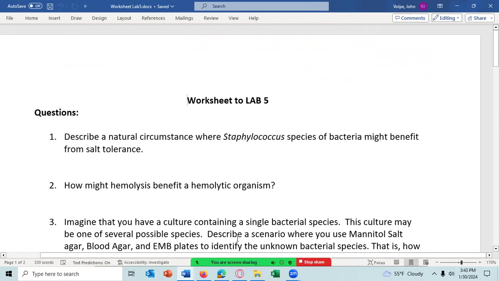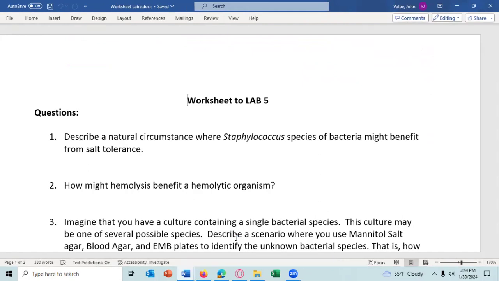So for the first question, describe a natural circumstance where a staphylococcal species of bacteria might benefit from salt tolerance. So give me a natural place out in the wild where Staphylococcus can grow and tolerate a fairly high salt concentration.